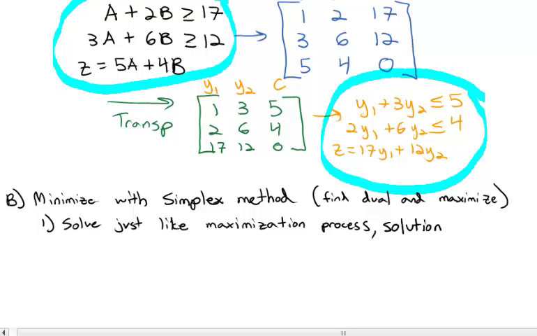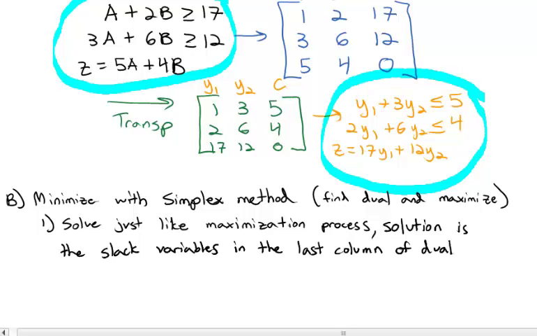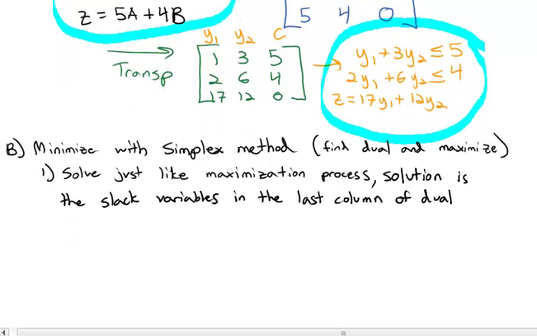The solution is the slack variables in the last column of the dual. Let me show you what I mean by that with an example problem.